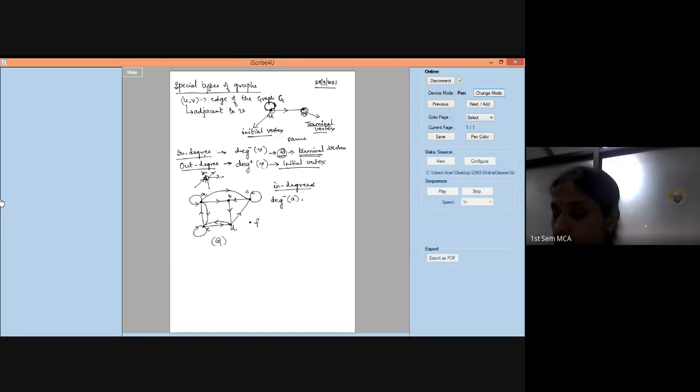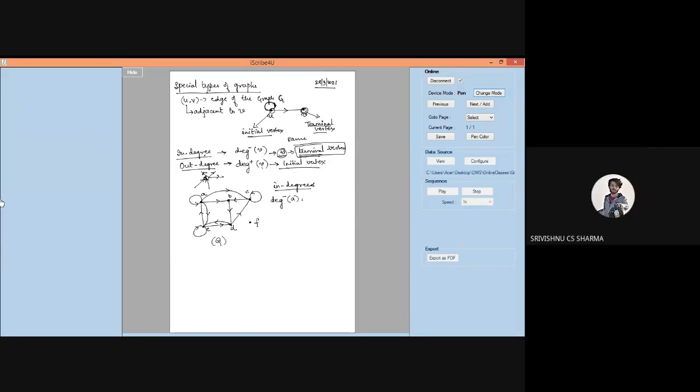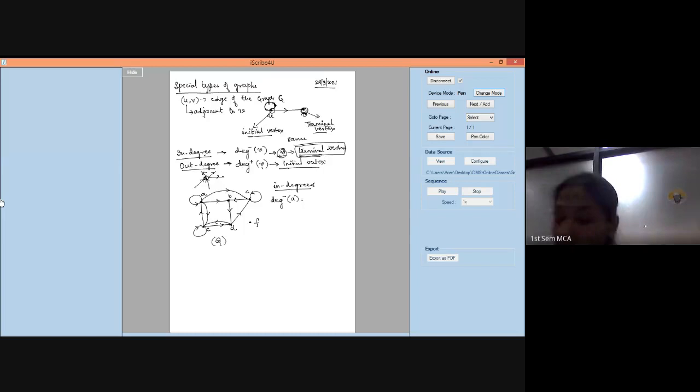Or in other words, for how many edges A is going to be a terminal vertex. Terminal means it terminates there. That edge should terminate at A. For every vertex, we should be able to find out the in degree and the out degree. So, in degree of A.